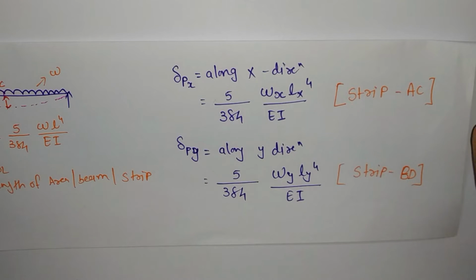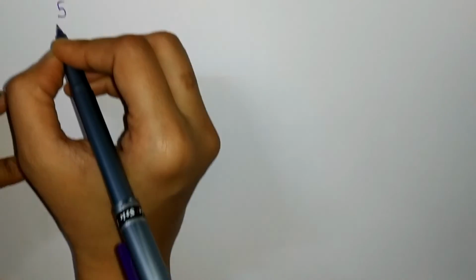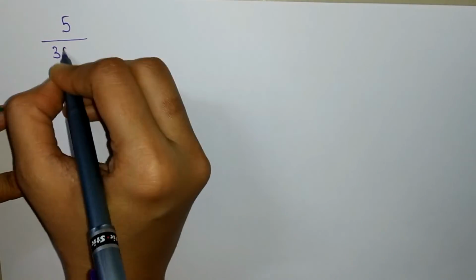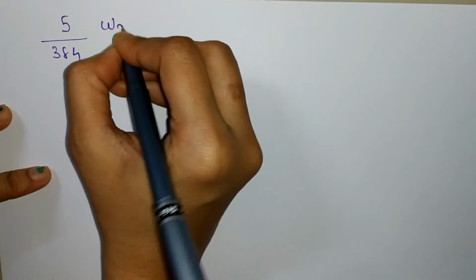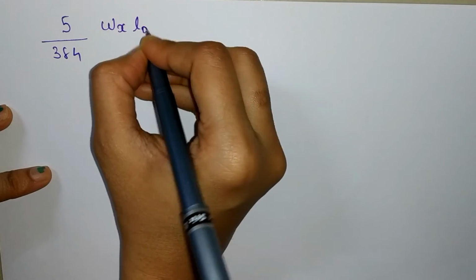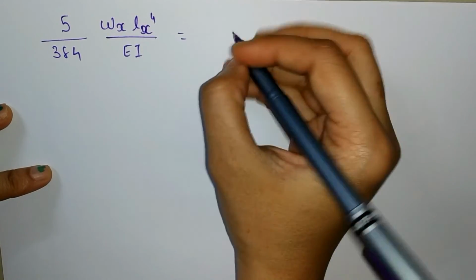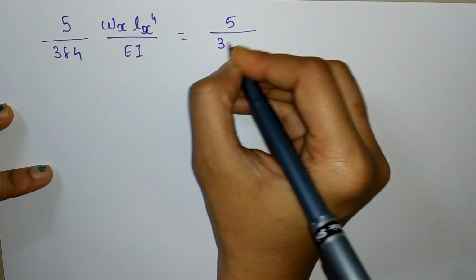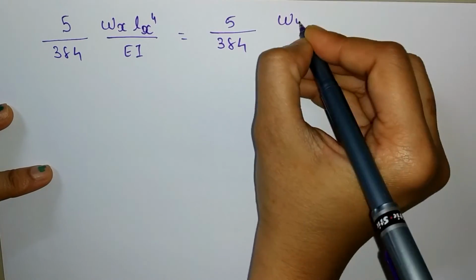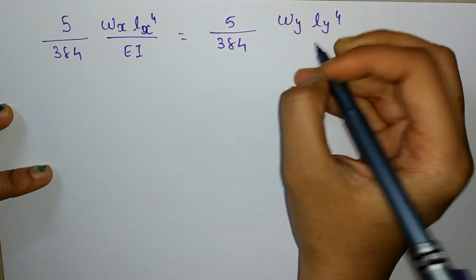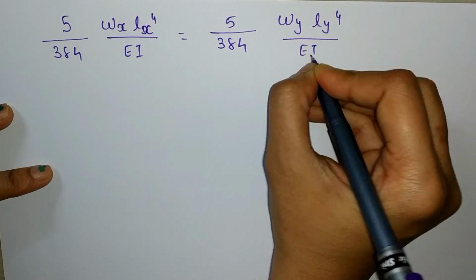Now let's equate both equations. 5 upon 384 Wx Lx raised to 4 upon EI is equal to 5 upon 384 Wy Ly raised to 4 upon EI.